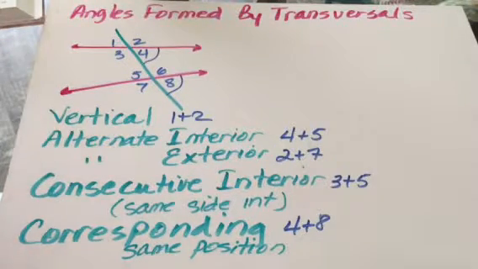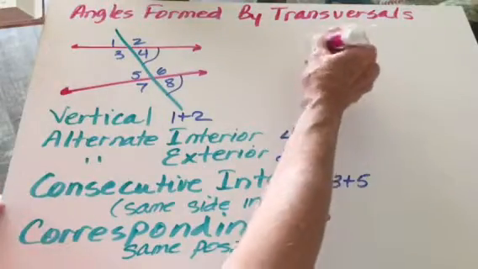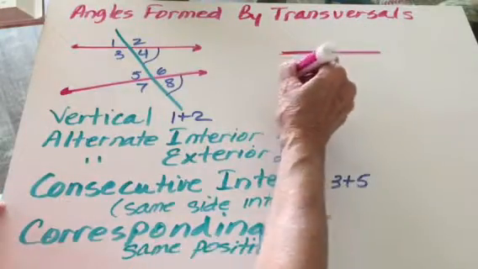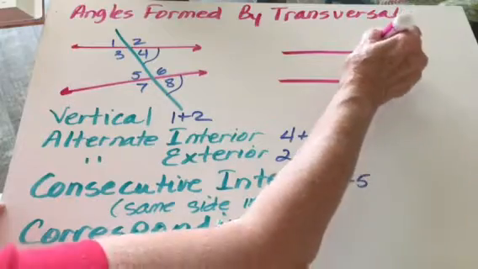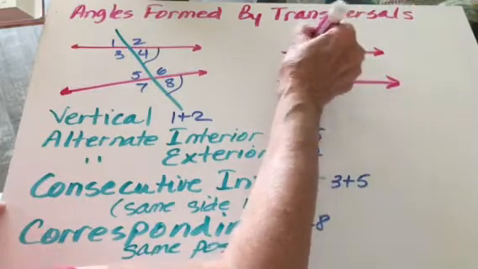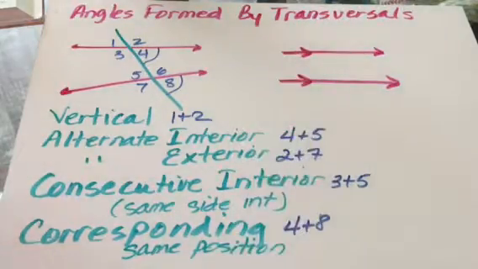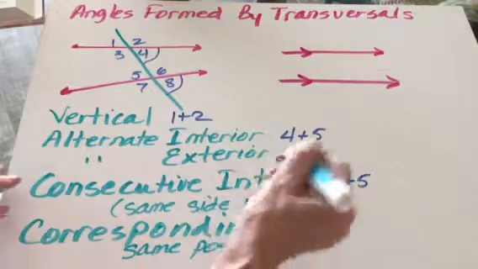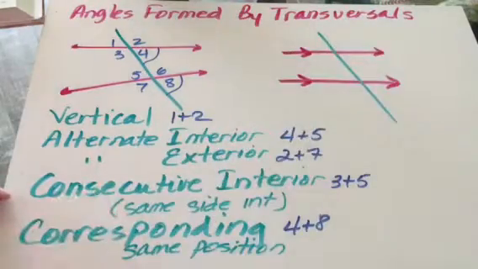The next thing I do want to tell you, however, is if I have two lines that are parallel, and by the way you show that is you put a little arrow in the middle of the line like that, and then it's cut by a transversal. That's the transversal.